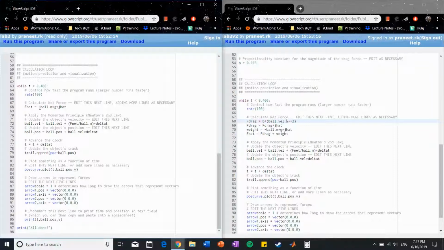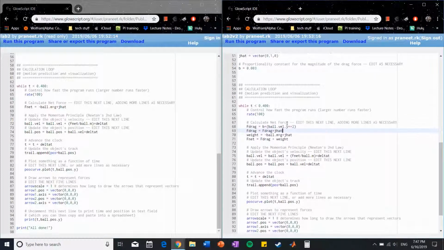So we have the negative of the mass of the ball times the gravitational acceleration times j hat. The formulas to apply the momentum principle stay the same consistently through all the code: updating the object's velocity and updating the object's position lines.